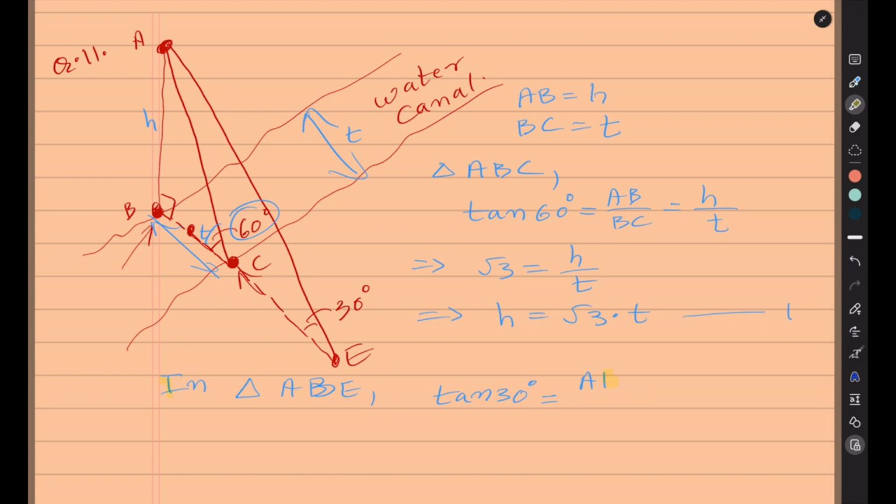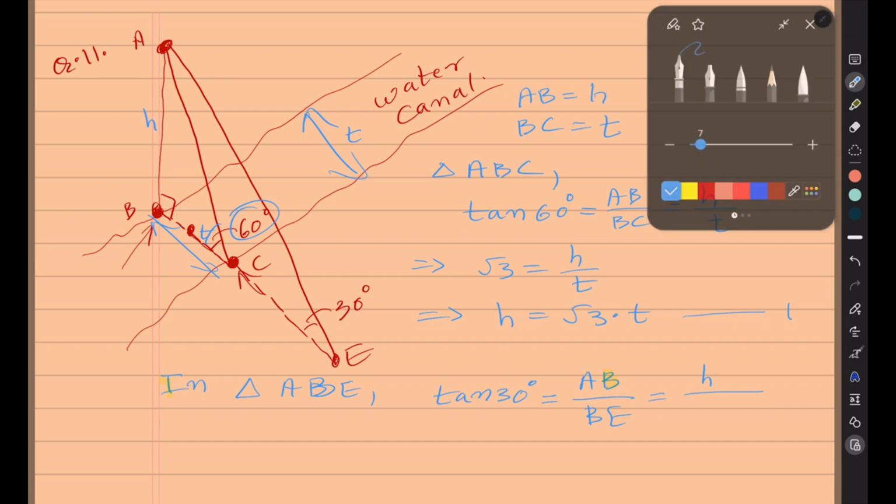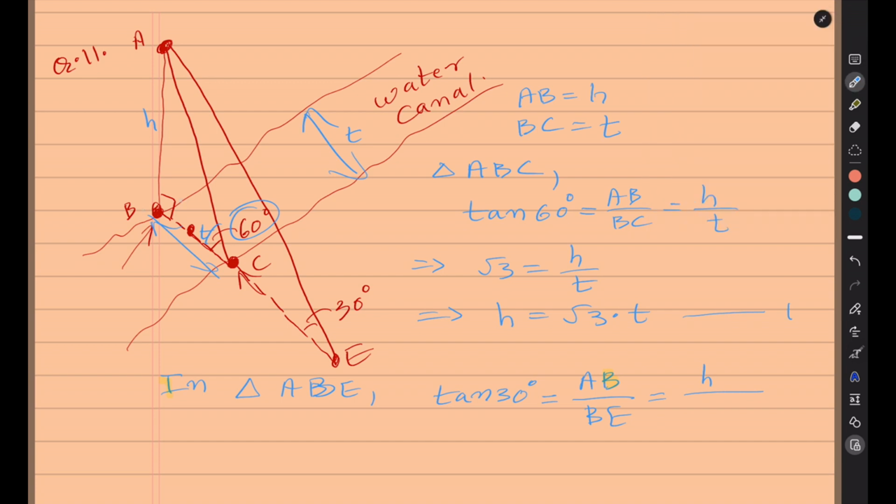So AB divided by BE gives us H divided by BE, but you can easily see that BE is BC plus CE. So we can write BC plus CE.